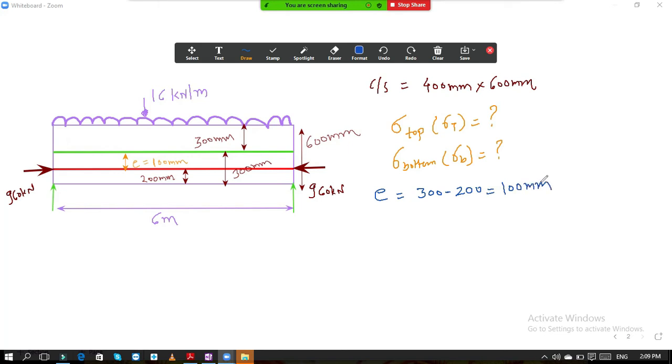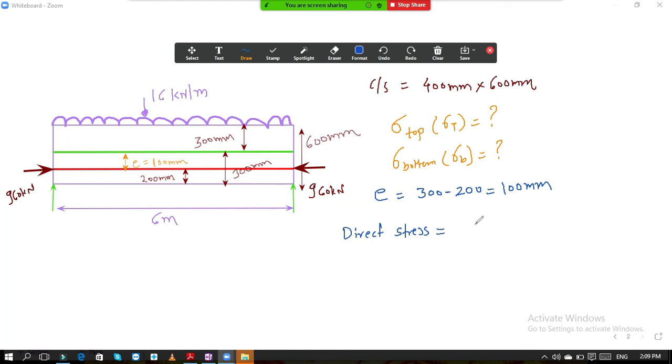This is eccentricity. Then calculate the direct stress. Okay. So calculate the direct stress. Direct stress is equal to P by A, load upon area.